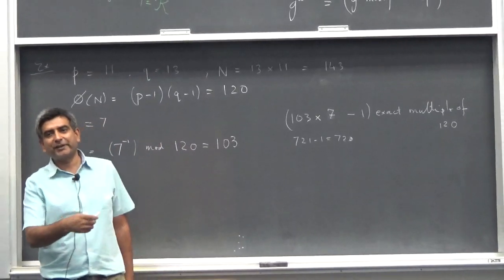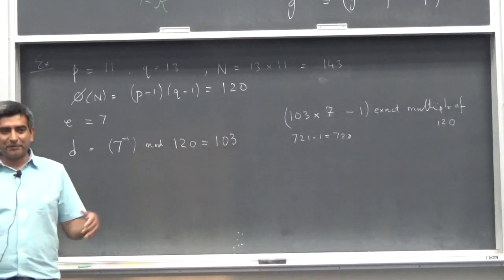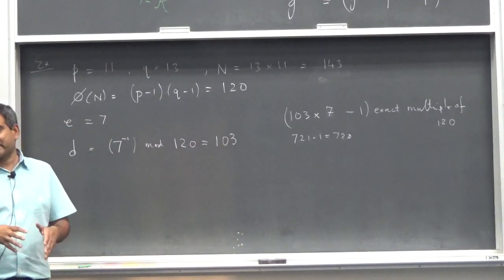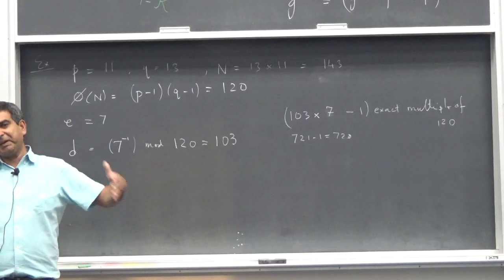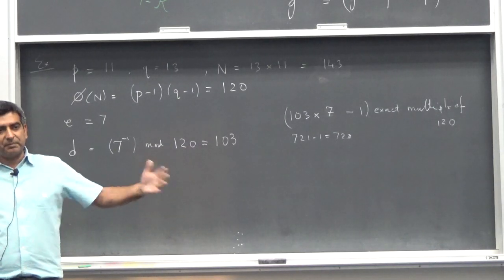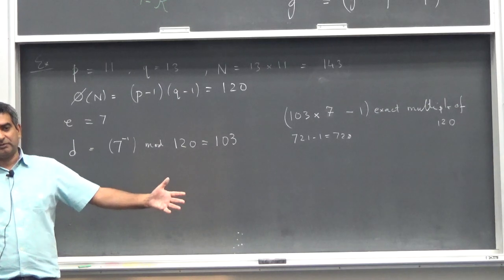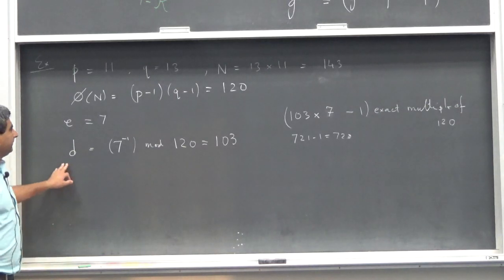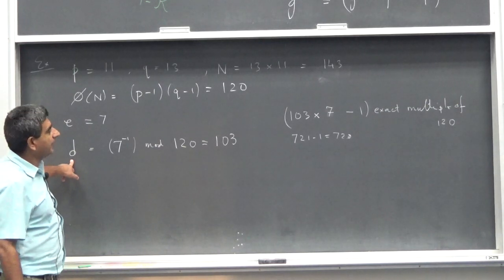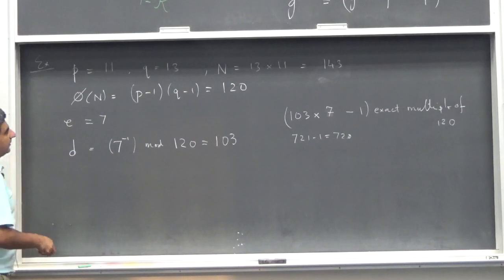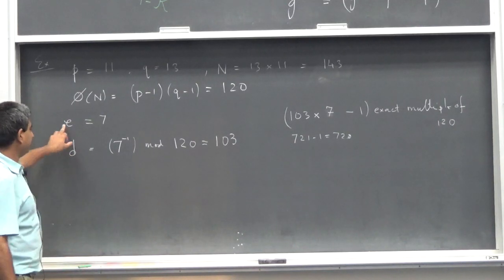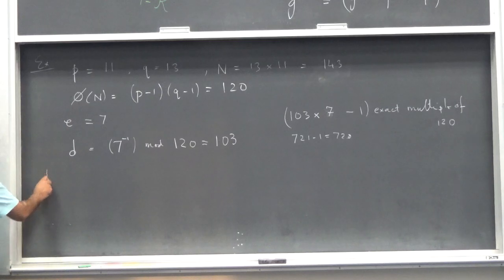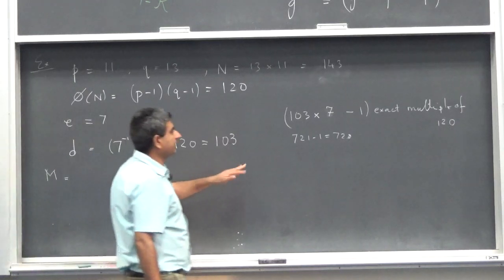Now all of this is looking really simple, but in actuality, when you really want to do cryptography in a practical system, you really want big N's, big P's, big Q's. So you find D, and then Alice knows E. Suppose Alice wants to send out some message which is smaller than N, our capital N is 143.